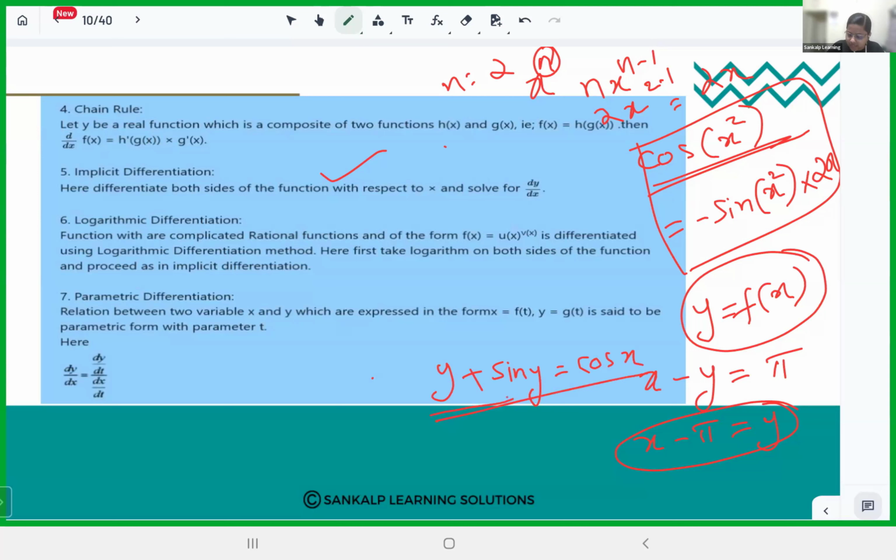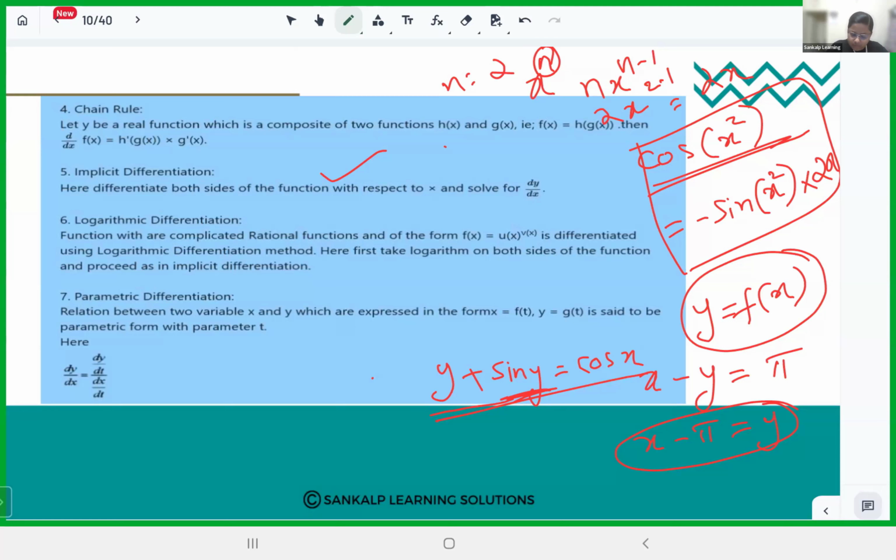No, right? It is y plus sin y equal to cos x. These types of functions, which are a combination of x and y, are known as implicit functions. How will you differentiate them? First, we differentiate the function with respect to x and then solve for dy by dx. We'll understand this while doing problems.